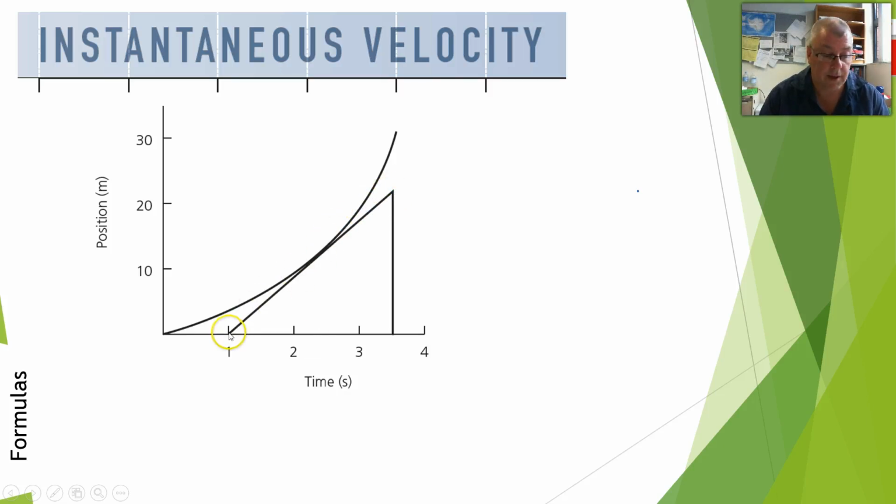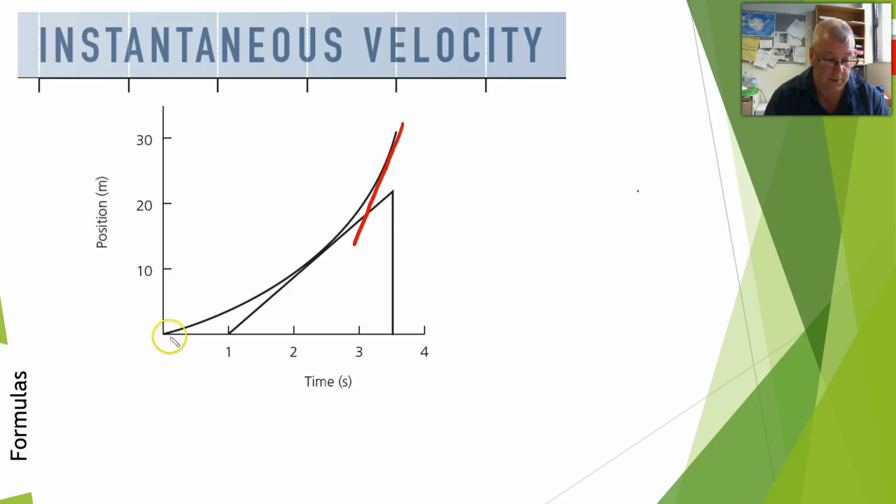A bit complicated. In this case 2.5 would be the run, and the rise is about 22, and we could work out the instantaneous velocity. If we drew another tangent here, we would notice that the slope is greater and therefore the velocity is greater.